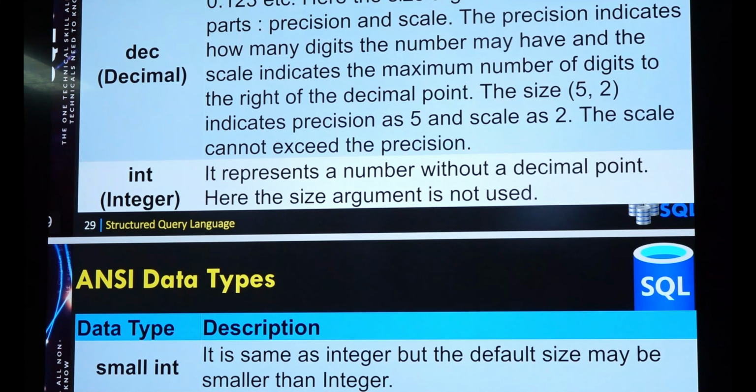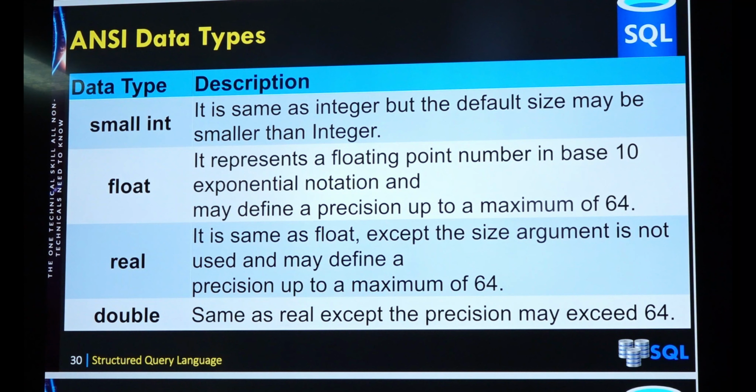It is the same as float except the size argument is not used. So real is the same as float except the size argument is not used, and may define a precision up to a maximum of 64. And double is the same as real except that the precision may exceed 64.